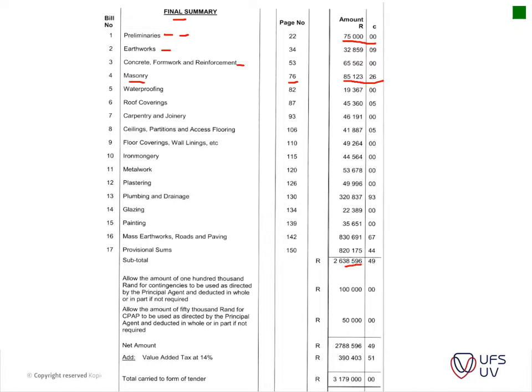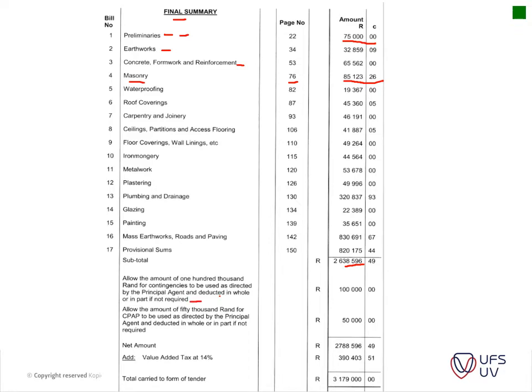It's all added together. And then you will see an allowance of 100,000 Rand for contingencies, to be used as directed by the principal agent and deducted in whole or in part if not required.